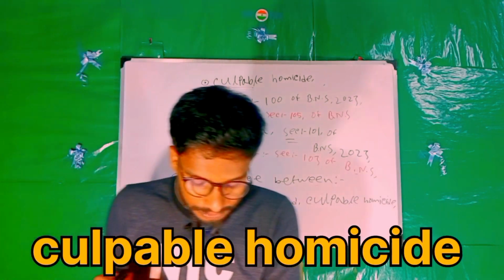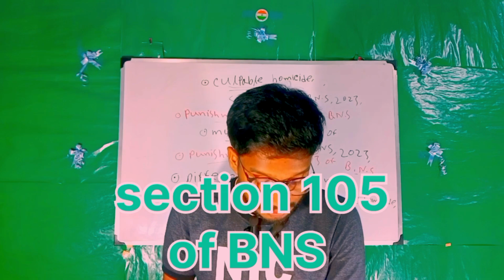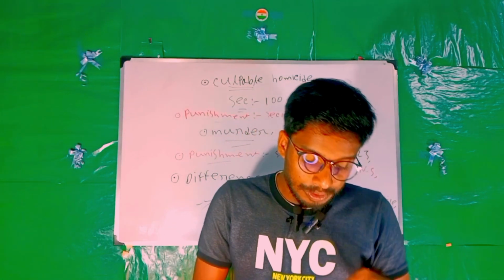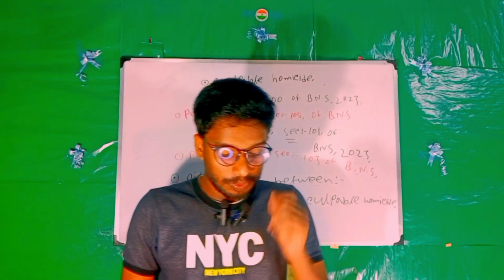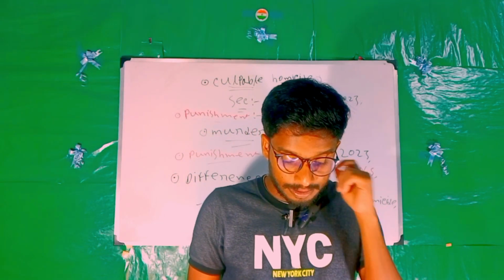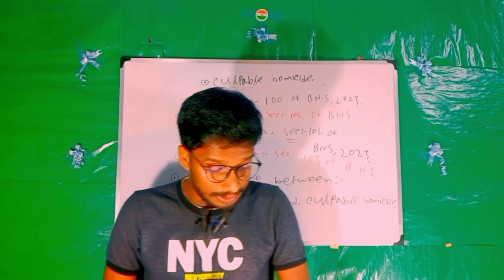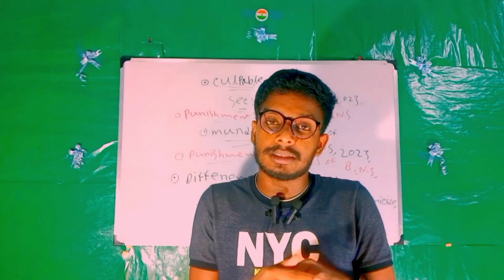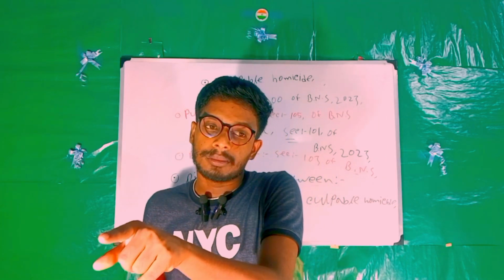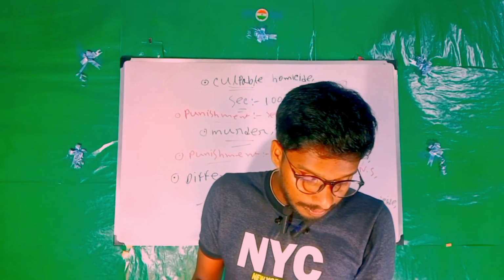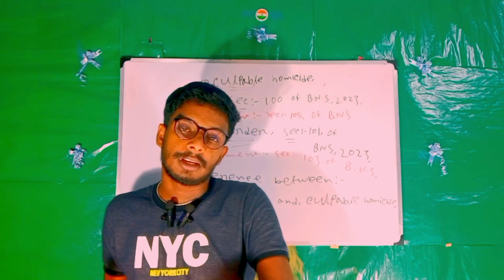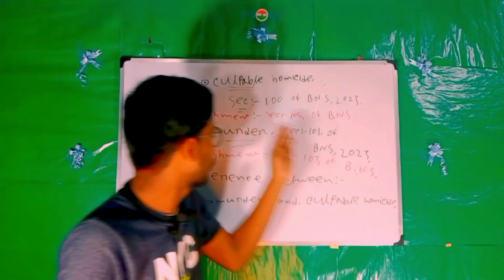It says that whoever commits culpable homicide not amounting to murder shall be punished with imprisonment for life, or imprisonment of either description for a term not less than 5 years, but which may extend to 10 years.